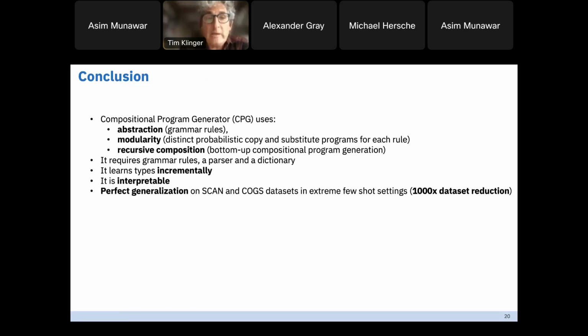It learns incrementally, it's interpretable, and gets perfect generalization on these two benchmarks, even under a 1000x data set reduction in both cases. So that's it. Here are some references to all the things that I talked about, and thank you.